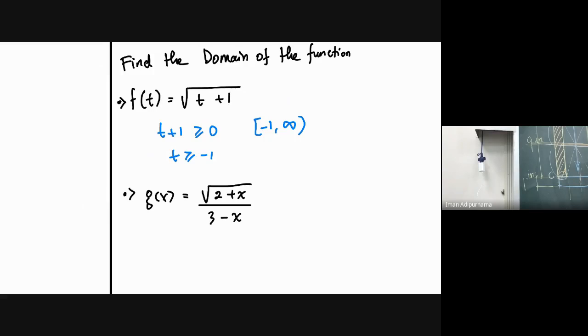You see from this rational function, the bottom can be negative, it can be positive, right? But it cannot be zero. So if I put 3 here, it will be 0, right? So of course, x should not be 3, or x not equal to 3. It can be more than 3, less than 3. That's fine, right? That's not a problem.